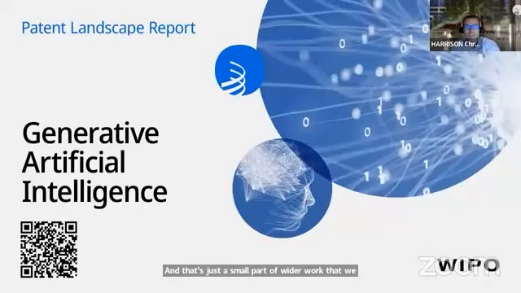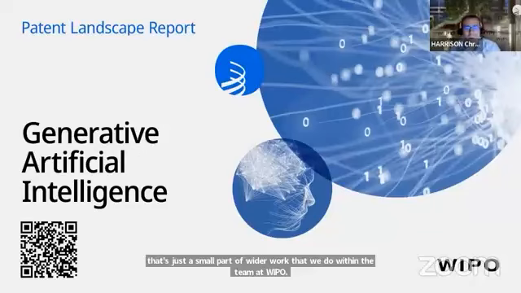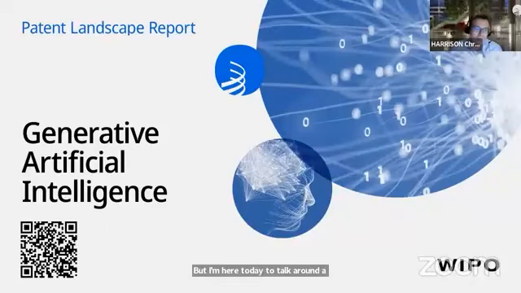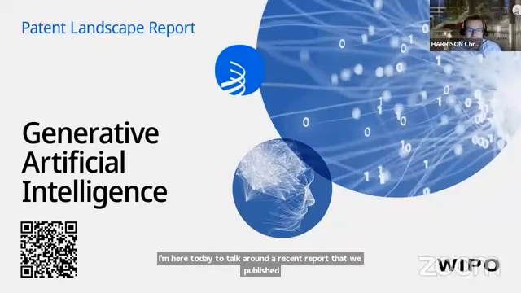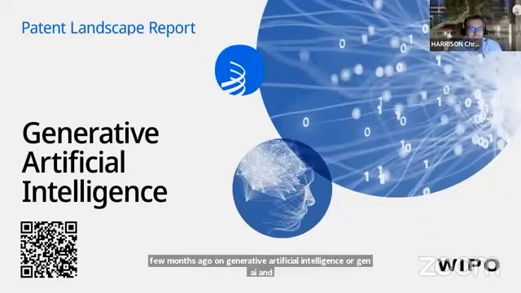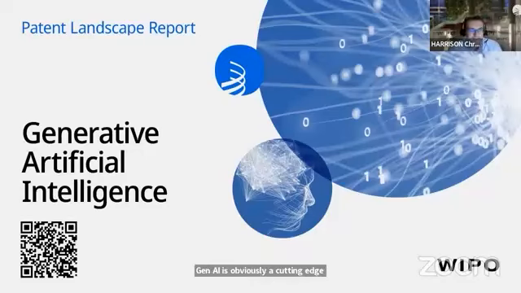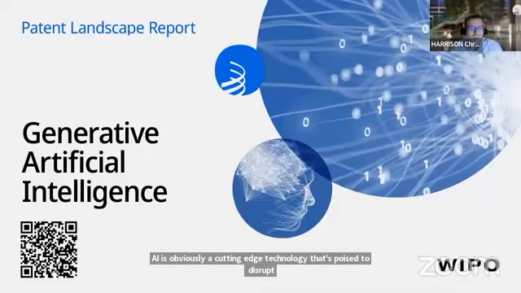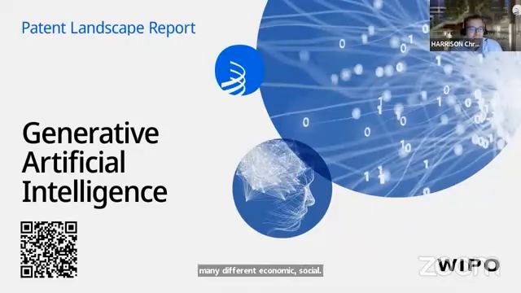But I'm here today to talk about a recent report that we published a few months ago on generative artificial intelligence, or Gen AI. Gen AI is obviously a cutting edge technology that's poised to disrupt many different economic, social, and cultural sectors. It certainly extends far beyond simple human-like text generation in ChatGPT and other similar tools.